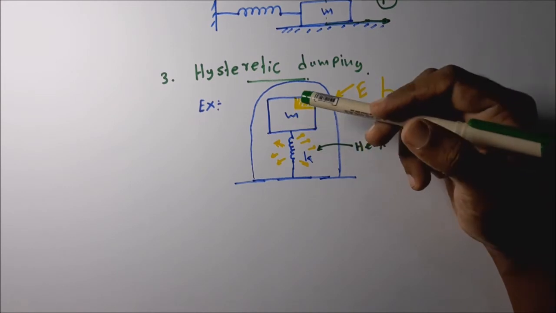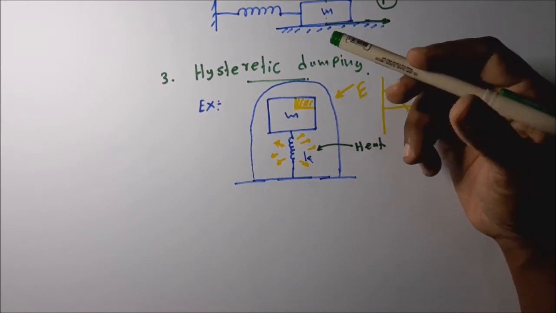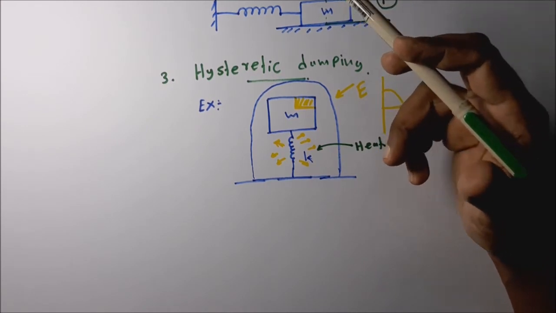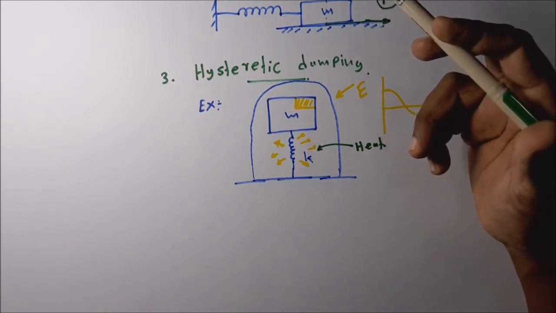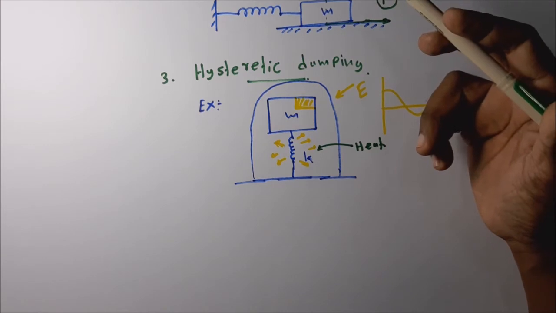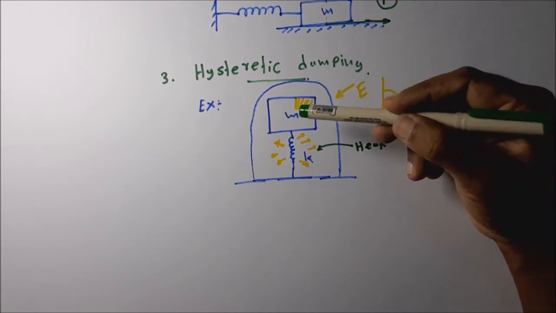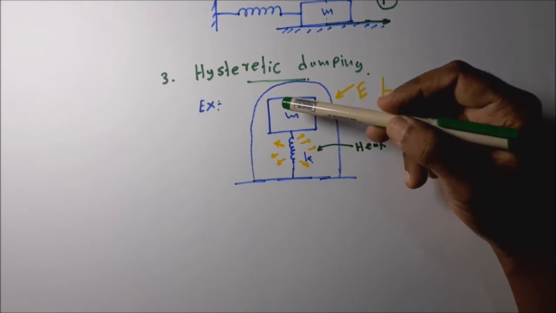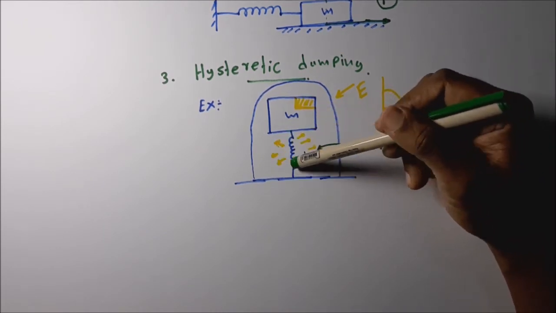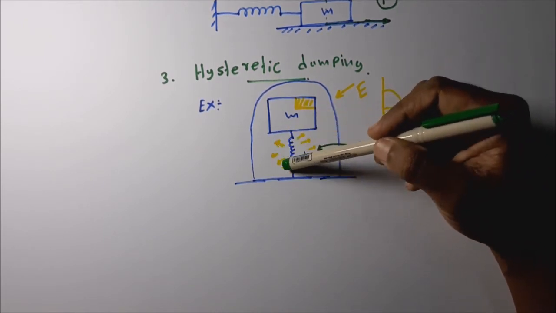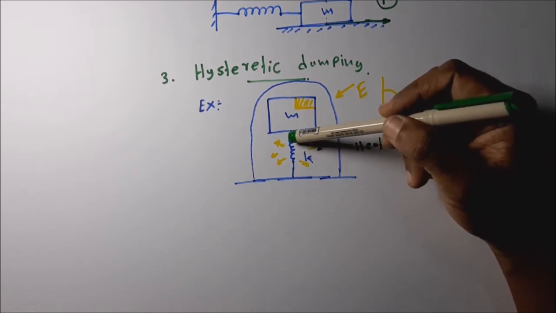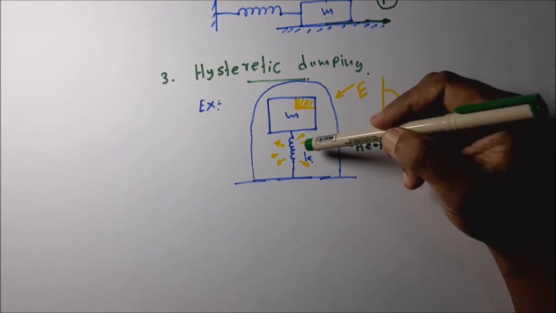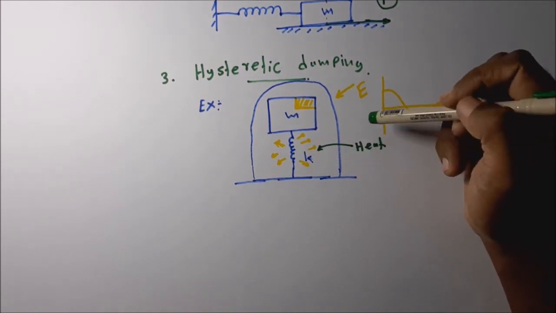In each breaking of bonds and forming of new bonds, certain energy is consumed. That energy is taken from the system's vibration energy. So the energy is dissipated due to this deformation of the material, because of this change of the internal molecular structure, and it is dissipated as heat.